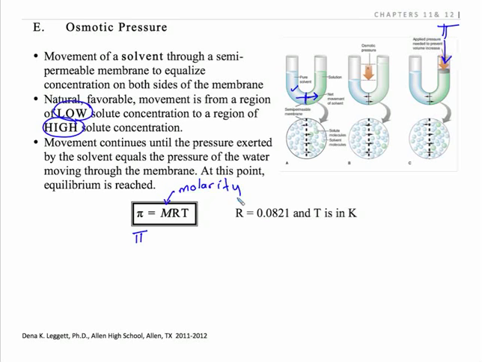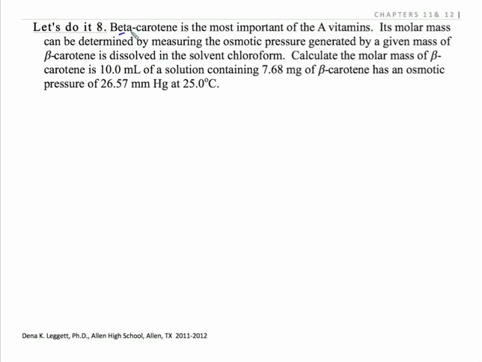And this is molarity times R times T. Now, I have here R equal to this, but really that is for atmospheres. R has to match the pressure units that are discussed in the question. So R must match our pressure.